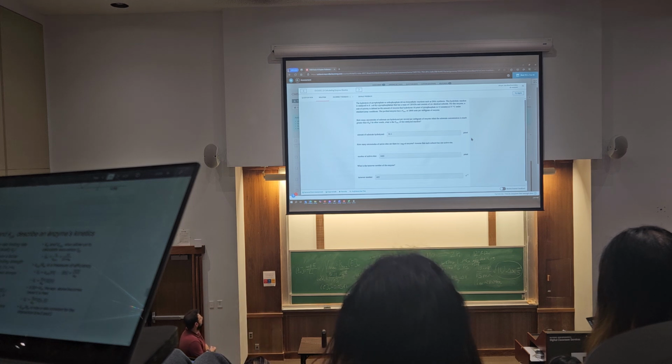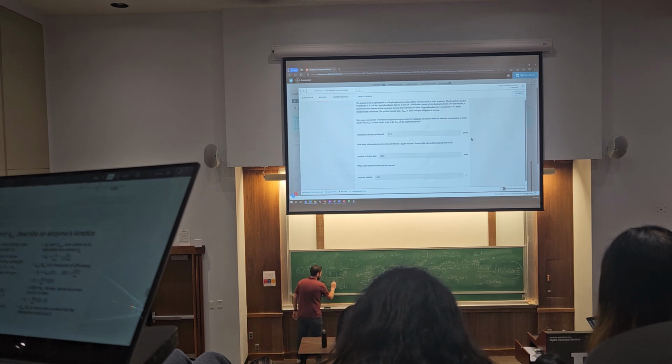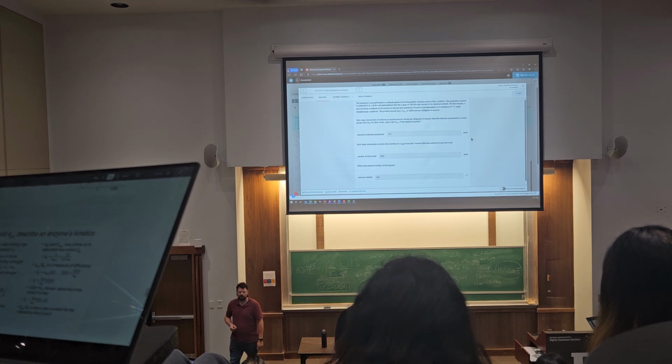Okay, so we're assuming all the enzymes are active. It's the same as the number of active sites, right? We have 0.05 micromoles of active site. If they're all saturated, E total must be 0.05 micromolar, right?